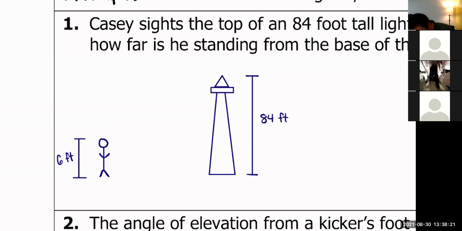So this is by no means to scale, because that's not even close. Then Casey is looking at the lighthouse, creating an angle of elevation. So we're going to draw to the tippy top of the lighthouse and then back down again. The angle of elevation that's formed is 58 degrees.